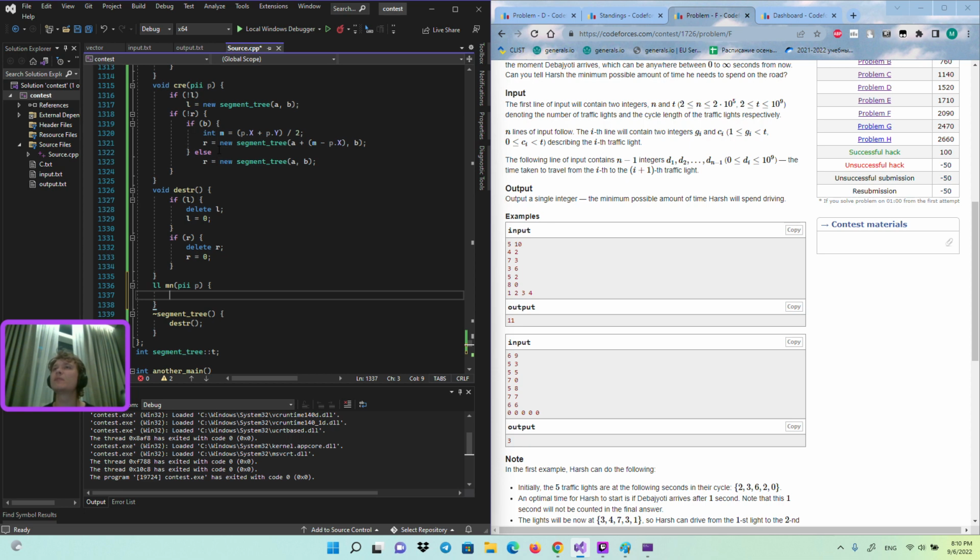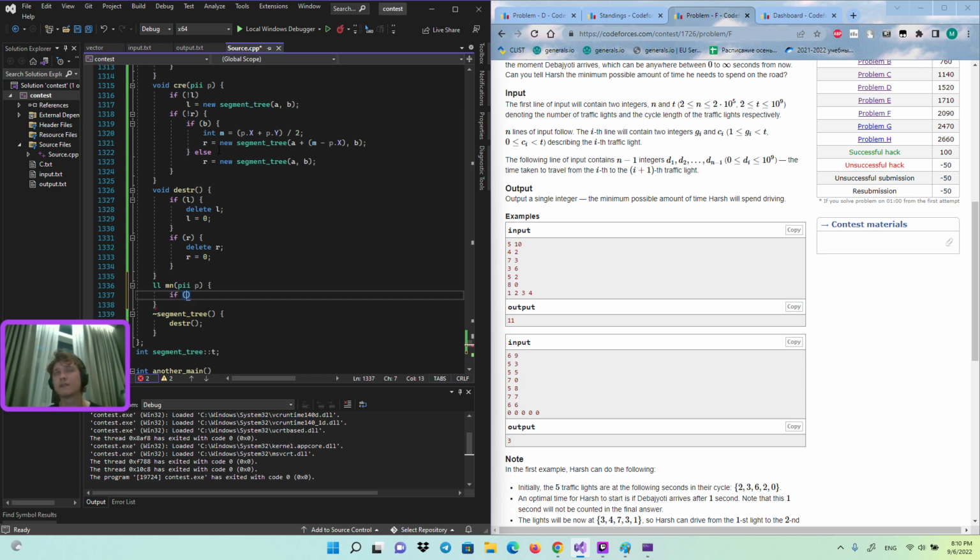I need a minimum except this arithmetic progression. So actually I have to find a minimum minus I.